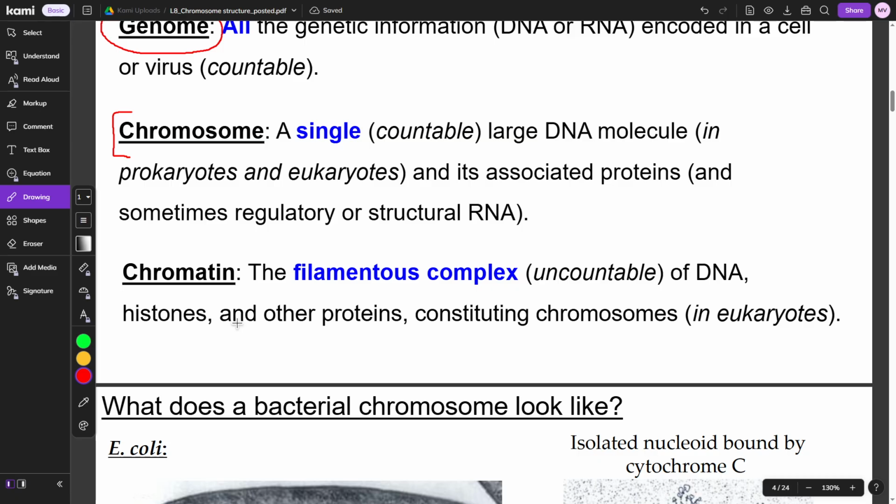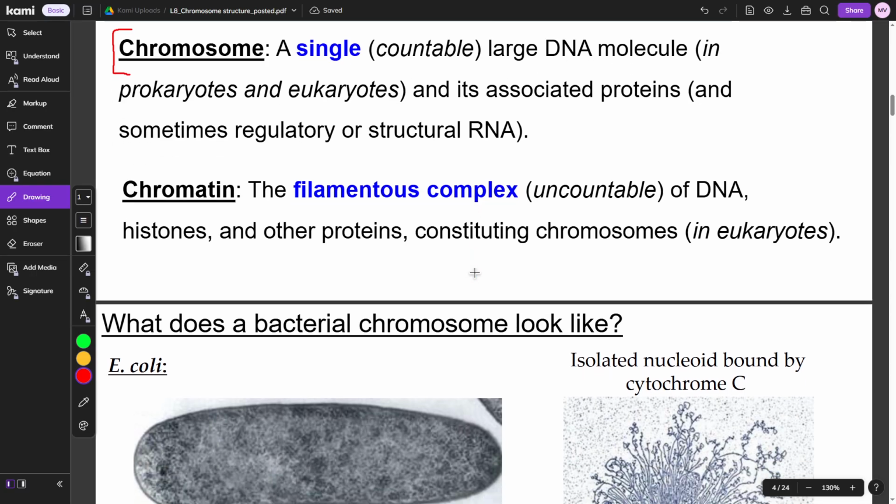Chromatin is a complex of DNA, histones, and other proteins that makes up a chromosome. You've got histones surrounded by DNA, and that DNA coils up, and that's what chromatin is. When chromatin combines and clumps up, you get a chromosome.